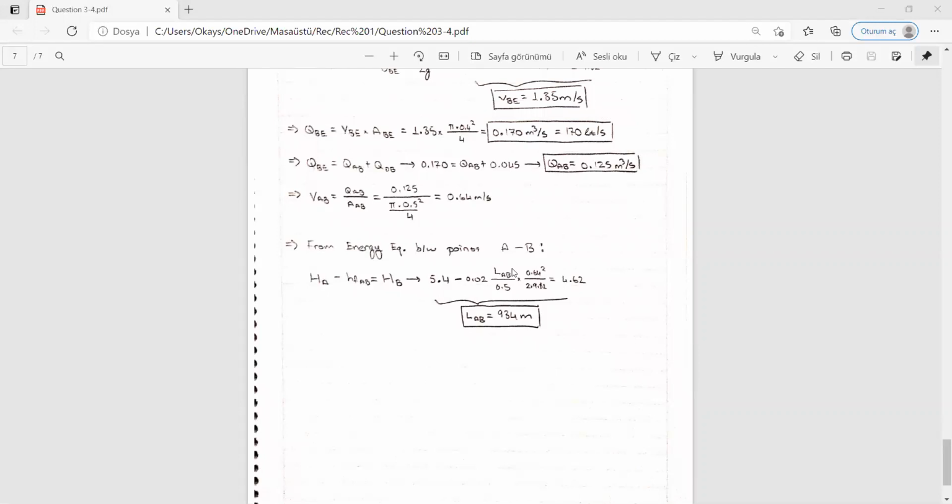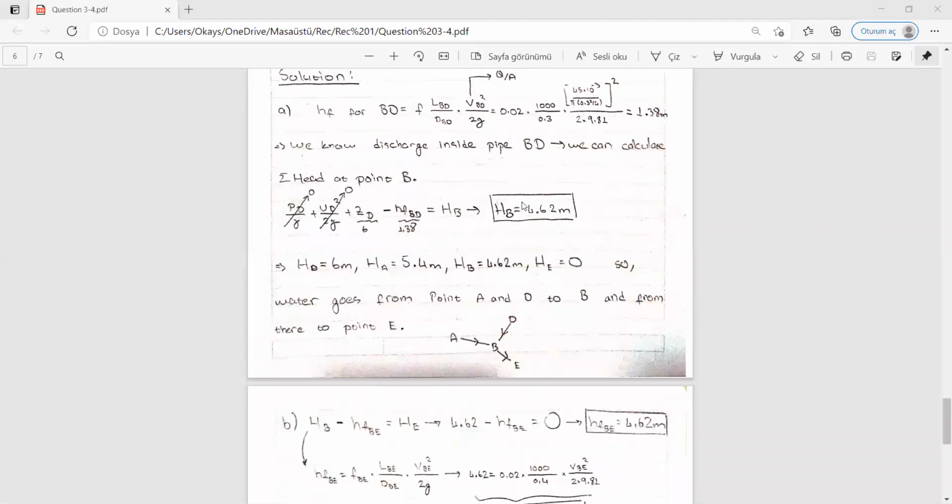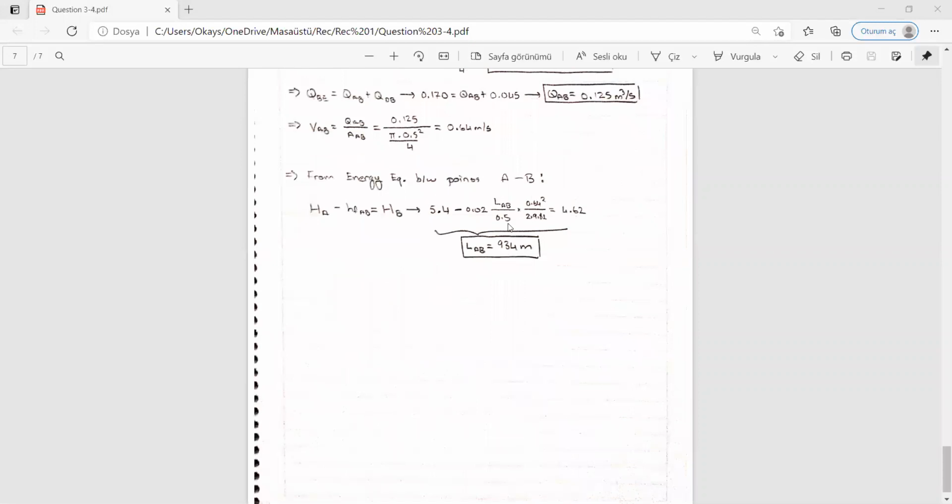I directly wrote the equation of the major head loss, so we can take length directly, and it will be equal to head at point B. We calculated the head at point B in the first part, which was 4.62 meters. So this is our final equation. Everything is known, only unknown is length. So from this one, we can calculate the length as 934 meters. And this is the example 4.